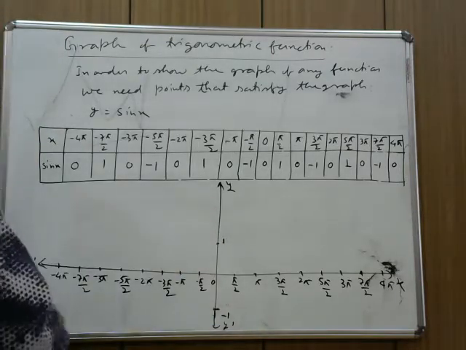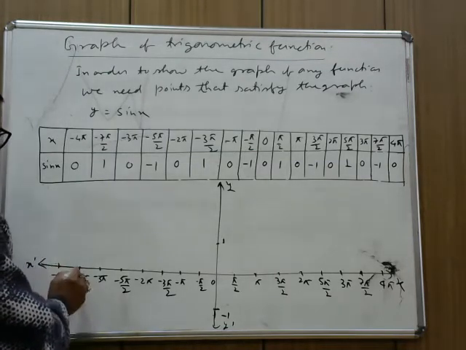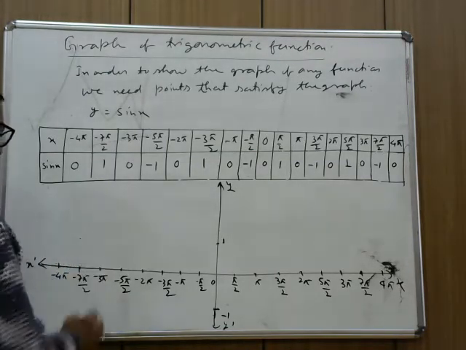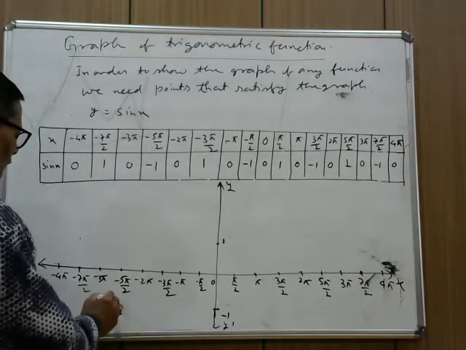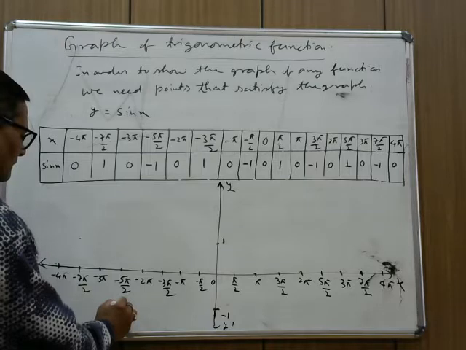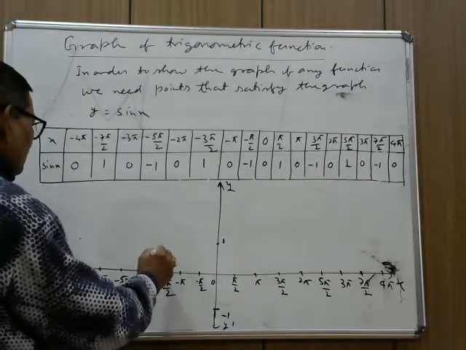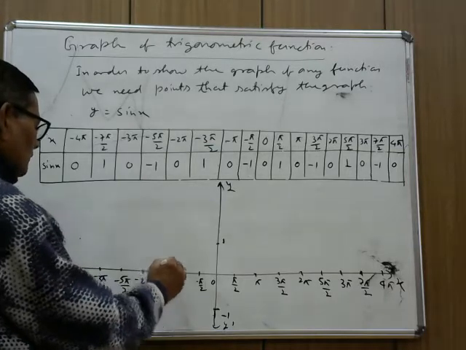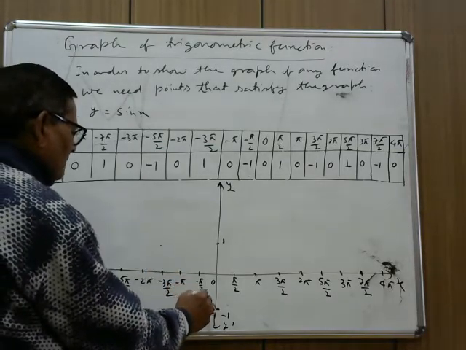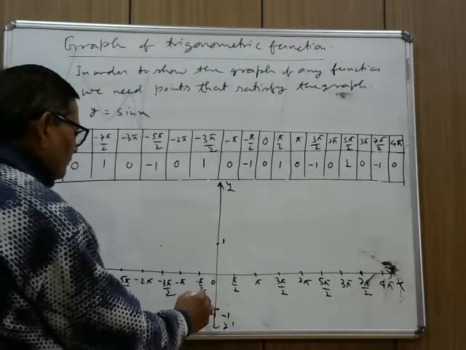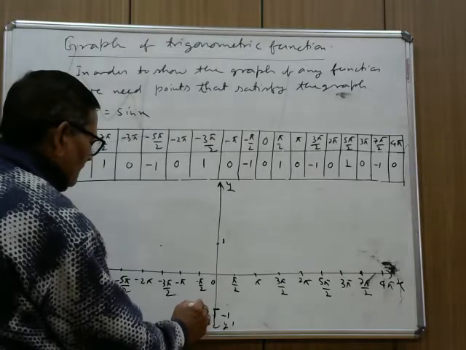When you start from minus 4 pi, sine of minus 4 pi is 0 and this is 1. Then 0, here minus 1, then 0, then here 1, then 0, then minus 1.